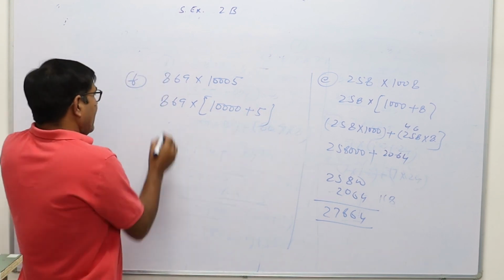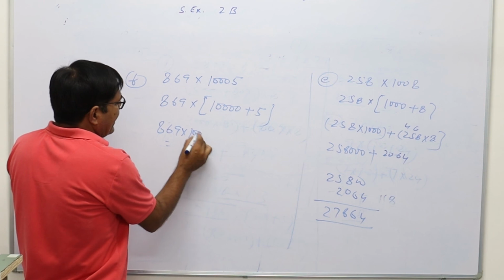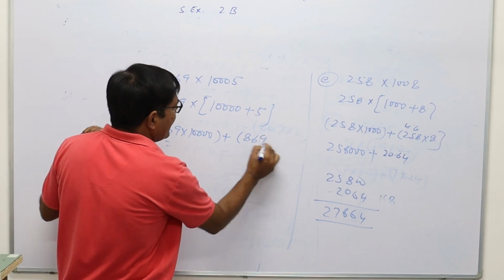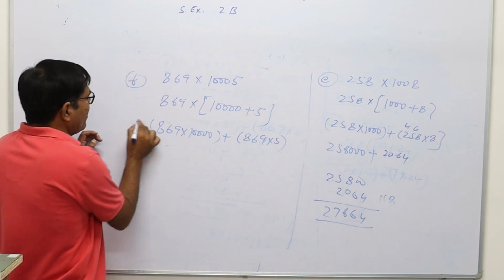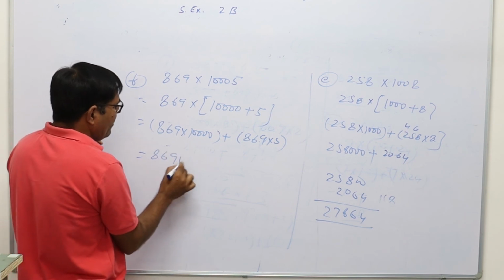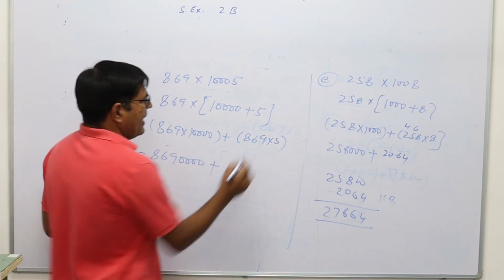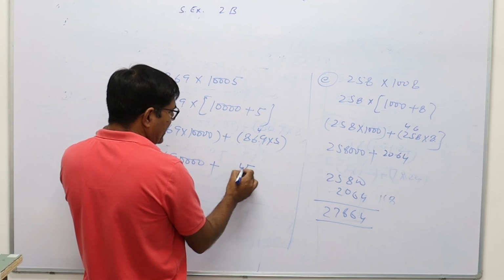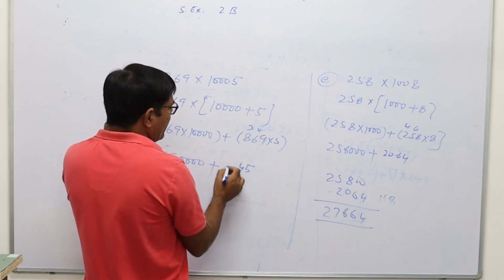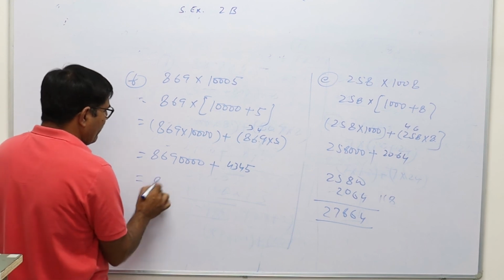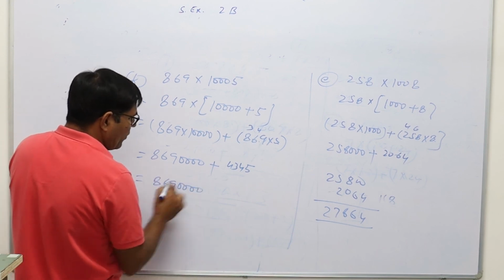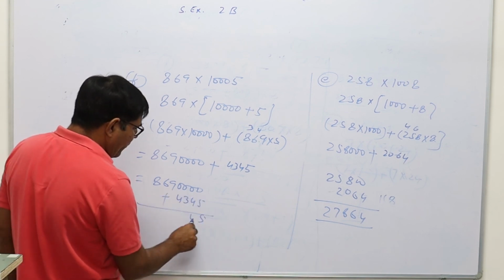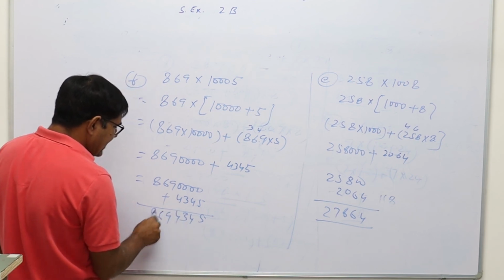So 869 multiplied by 10,000 plus 869 multiplied by 5. So it will be equal to 869 4 times 0 plus 9 5s are 45, 5 carry 4, 6 5s are 30 and 4 34, carry 3, 8 5s are 40 and 3 43. Now simply you have to add 869 4 times 0 with 4345.